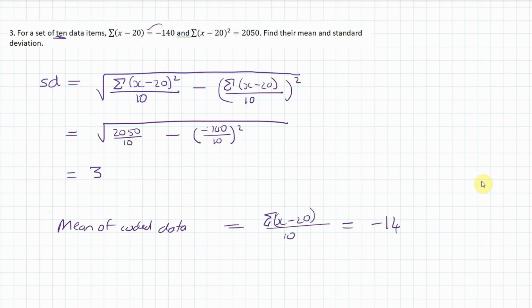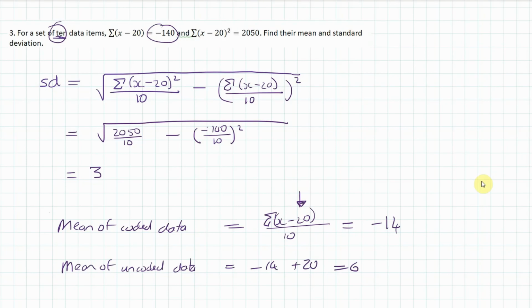All right, the data is up here that we're using for that. Now, since we've been subtracting 20 from everything, the mean is going to shift by 20. So the mean of the uncoded data equals minus 14 plus 20 equals 6.